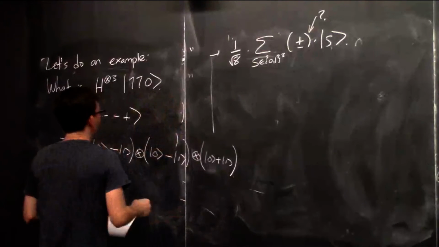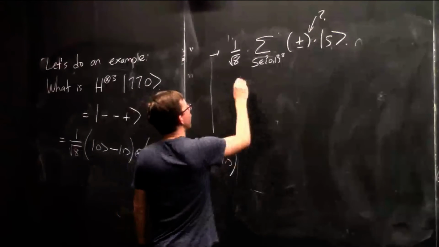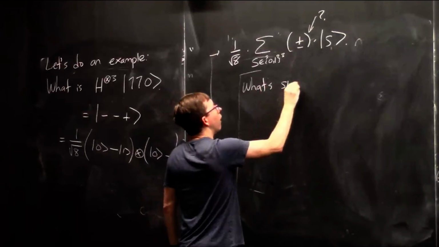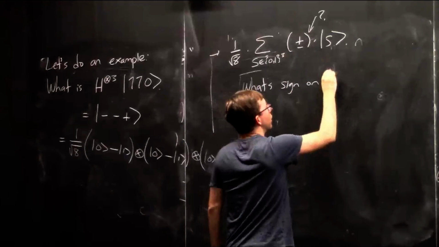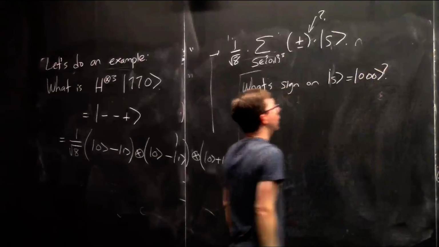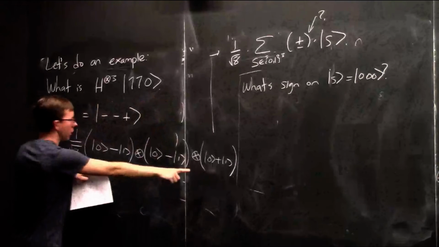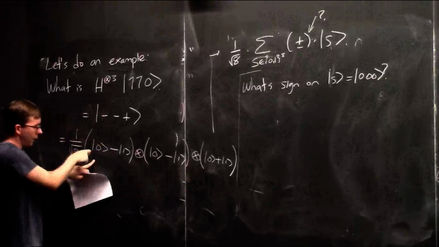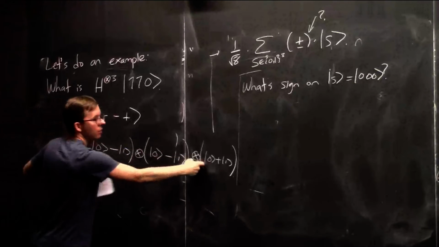All right, so let's start by doing a couple of examples. What's the sign on S equals 0, 0, 0? Well, how do you get 0, 0, 0 here? You have to choose 0 from here, 0 from here, 0 from here. And that's plus times plus times plus.